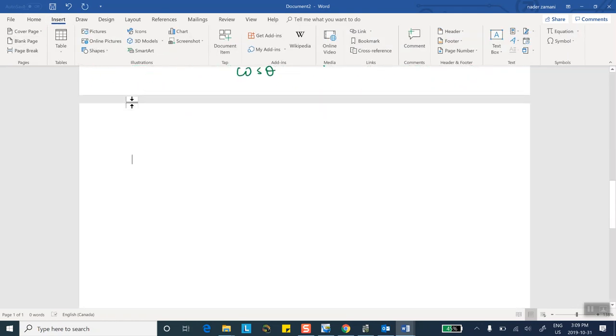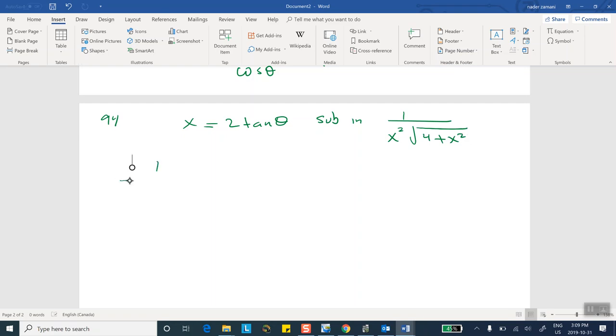Okay, let's do another one. Number 94. It says take this, x equal to 2 tan theta, sub in 1 over x squared square root of 4 plus x squared and simplify. Okay, fine. So we have 1 over x squared square root of 4 plus x squared.